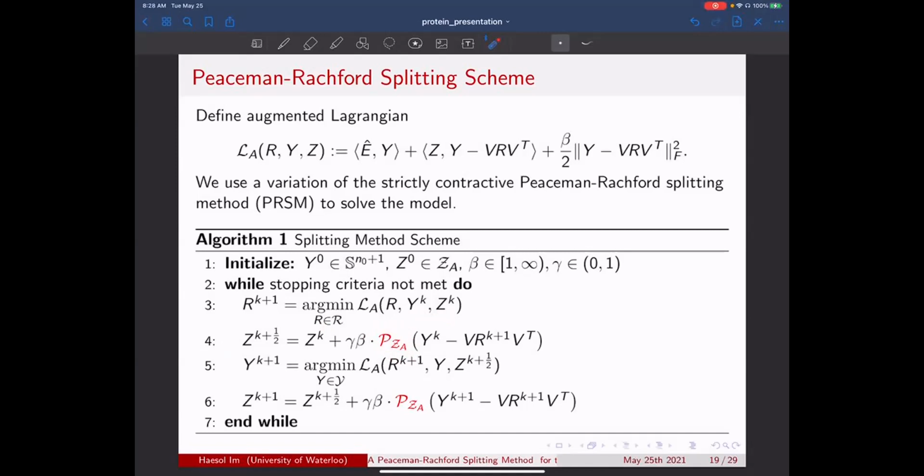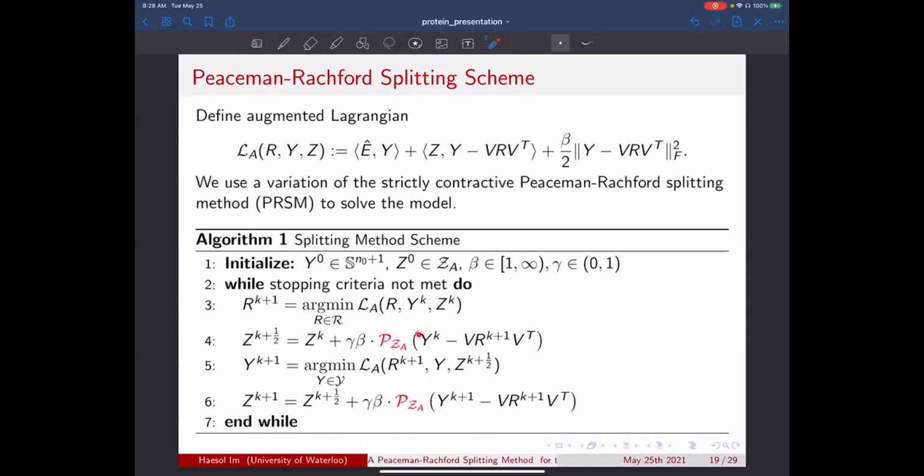And then we move on to the Y variable. We do a similar thing: minimize the augmented Lagrangian while fixing the other two variables, and then move on to a similar dual-type update. What this projection is doing is what I explained just before.